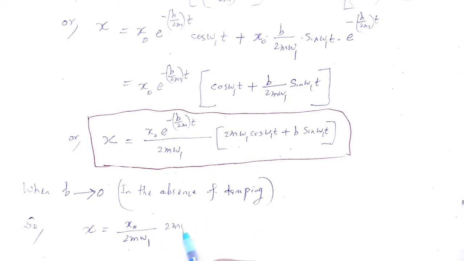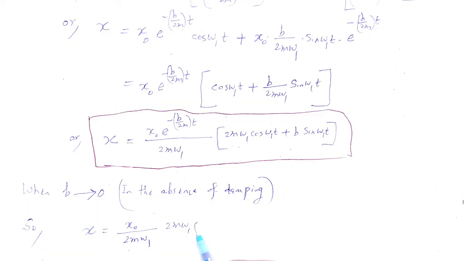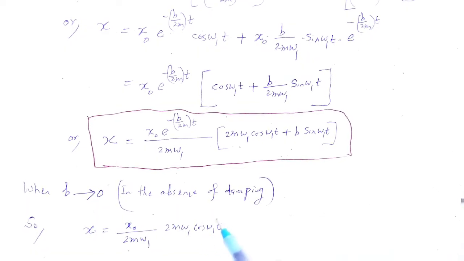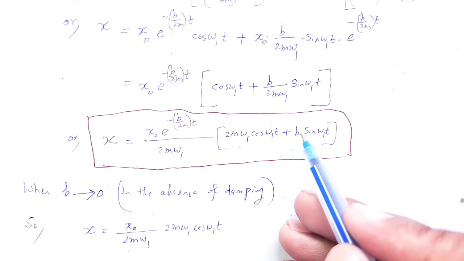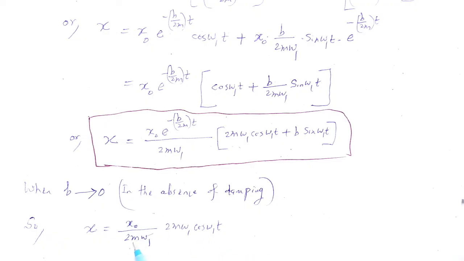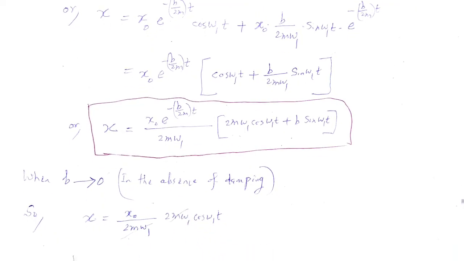Here 2m omega 1 cos omega 1 t, as b is 0, 2m omega 1 and 2m omega 1 cancel out.